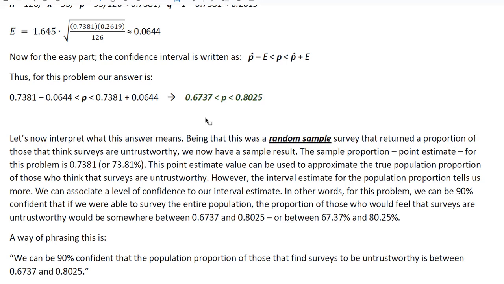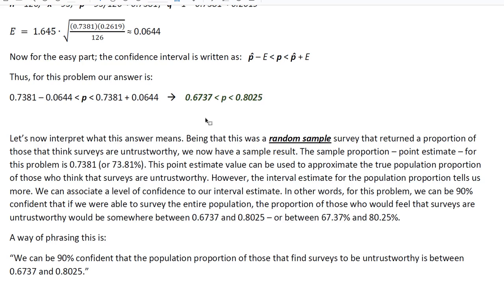That number is what we call a point estimate of the population proportion, meaning that it's a single number, and that single number we can use as an estimate for the population proportion. We don't know how accurate that number is.